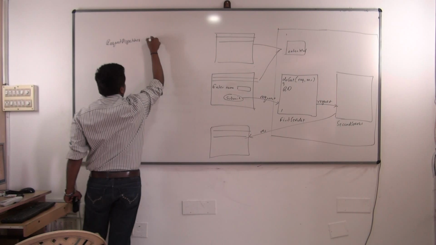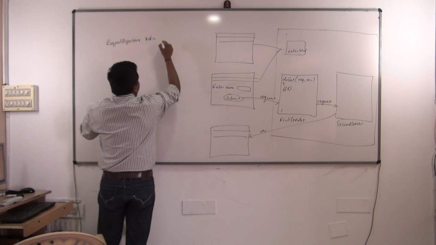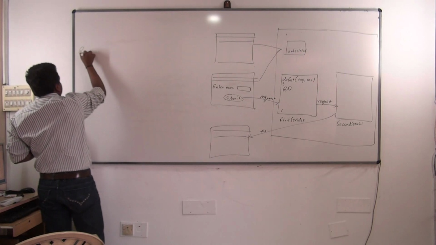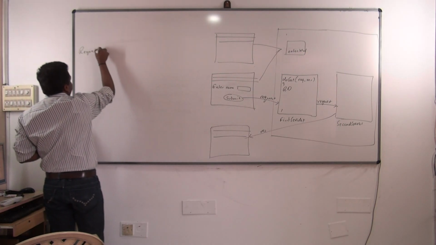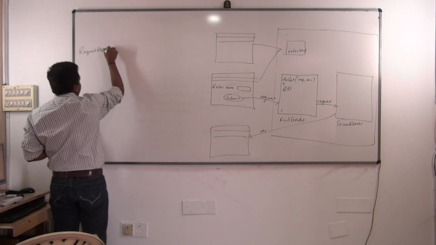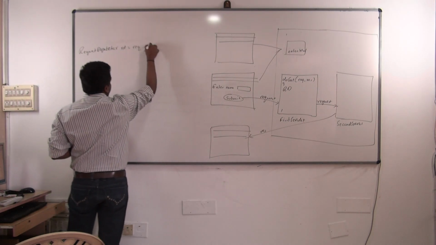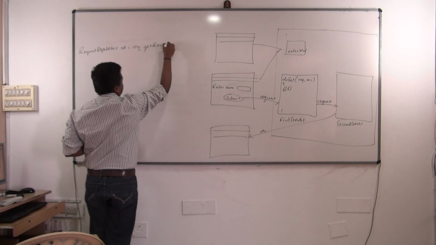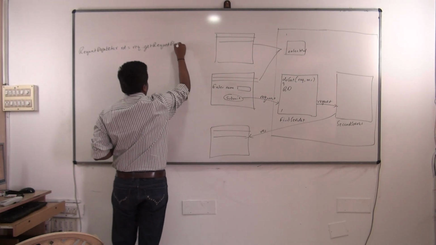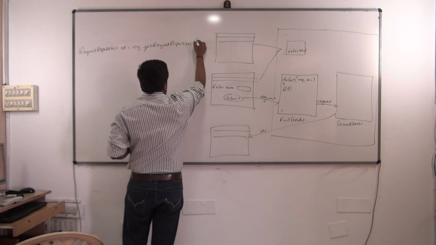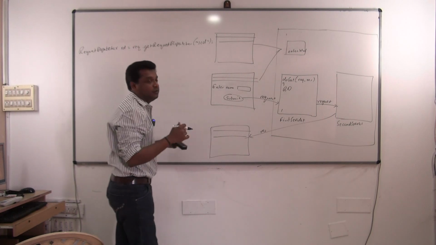So I will write RequestDispatcher rd is equal to, any variable name you want to give. We are studying this interface only now. RequestDispatcher rd is equal to request.getRequestDispatcher, and you have to give the, see, how do you invoke a servlet?